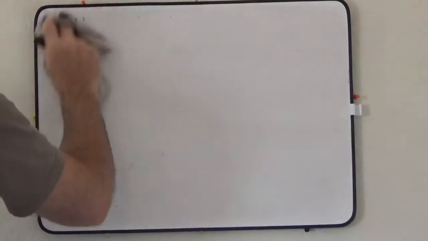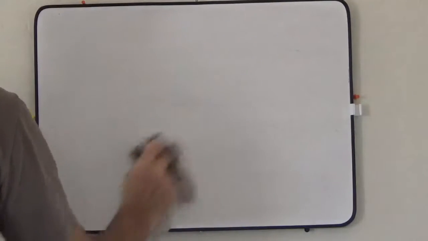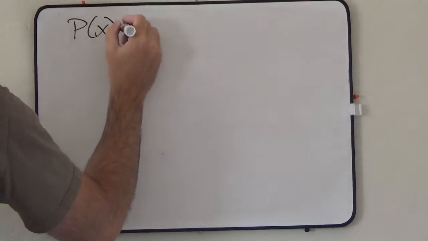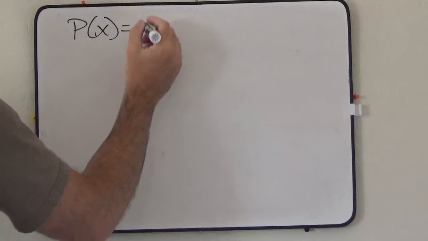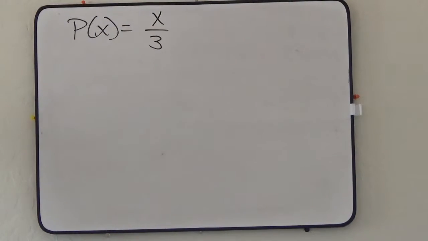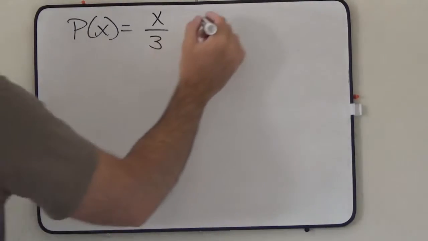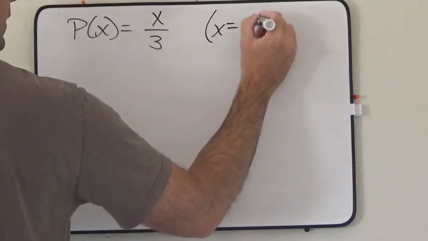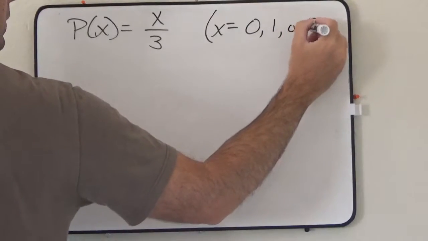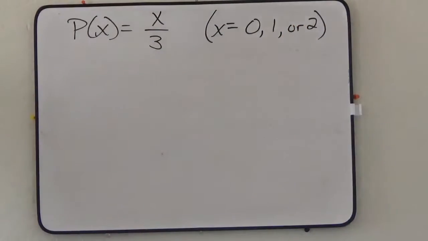Let's give us an equation and see if we can determine whether or not it has probability distribution. So the probability of X is equal to X over 3, when X can be 0, 1, or 2. Alright? So it's asking, does this determine probability distribution?